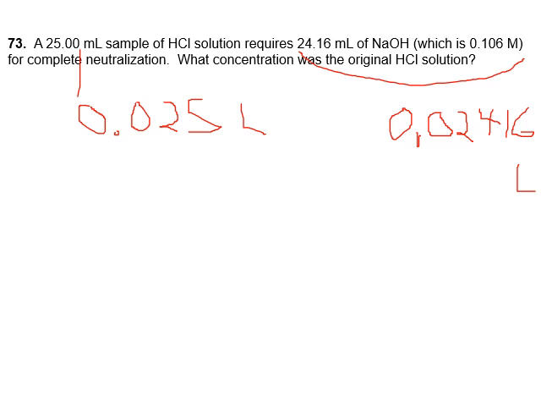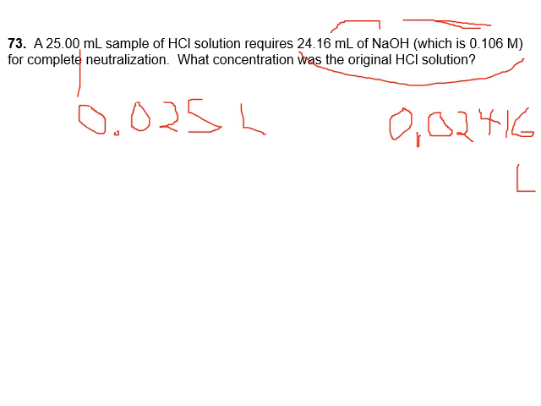Anyway, so 0.02416 liters of NaOH, where I just rewrote milliliters as liters, and it's 0.106 molar, so I'm going to multiply 0.106 moles per liter times 0.02416 liters, and that's going to give me my number of moles of NaOH, and that's going to equal the number of moles of the HCl.